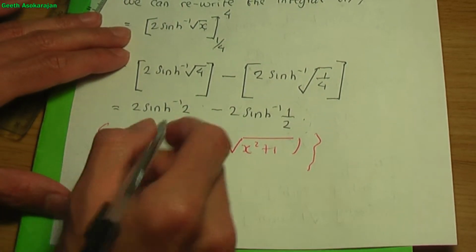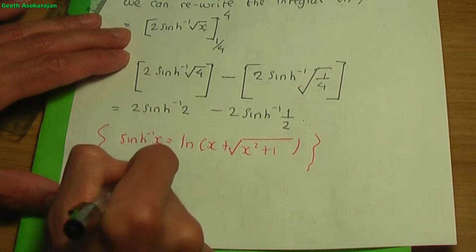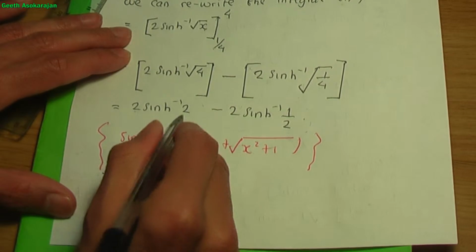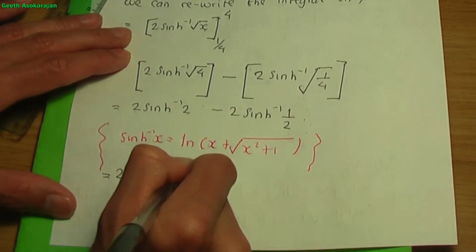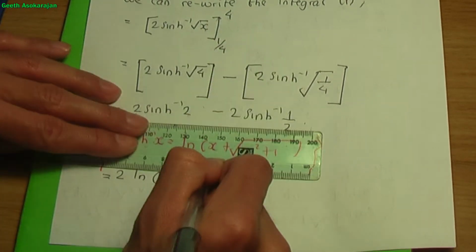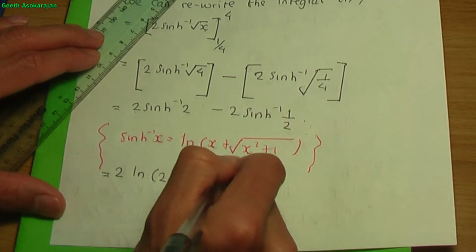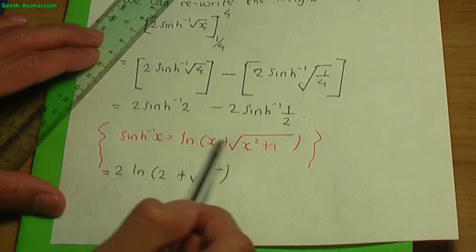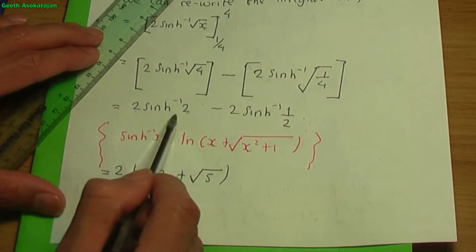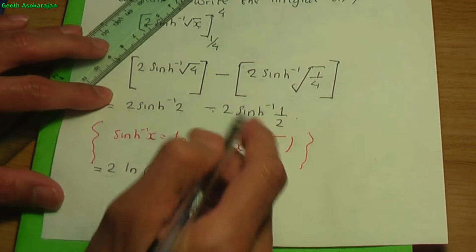So if I replace the x's in the definition by 2, we'll have 2 times ln of 2 plus the root of 2 squared plus 1, which is 5. So that is what you will get as a result of applying the definition to the inverse hyperbolic sine of 2 multiplied by 2.